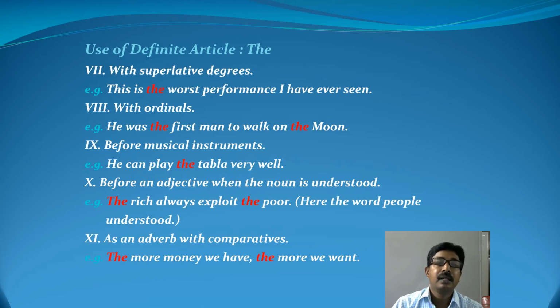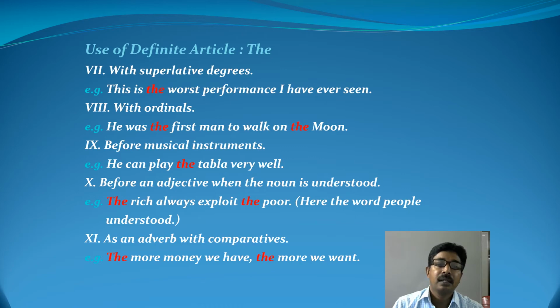And the definite article the is used with superlative degrees. Example, this is the worst performance I have ever seen. And the definite article the is used with ordinals. Example, he was the first man to walk on the moon.